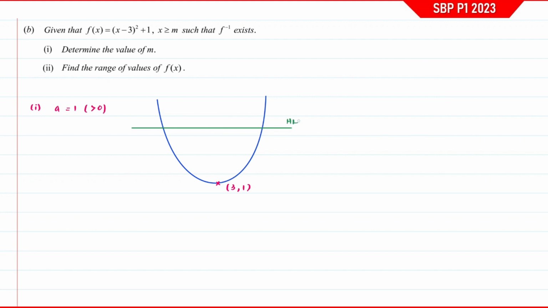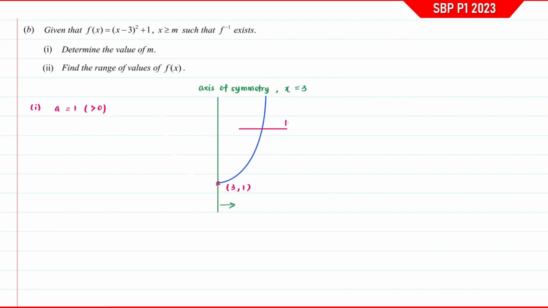If we use the horizontal line test, it will cut the graph at 2 points, which means this function f has no inverse. But if we restrict the domain, which is the value of x when plotting this graph, then the inverse will exist. So this will be the axis of symmetry with the equation x equal to 3. So if we plot this graph with domain starting from 3 and onwards, then we're going to get half of the quadratic graph, which looks like this.